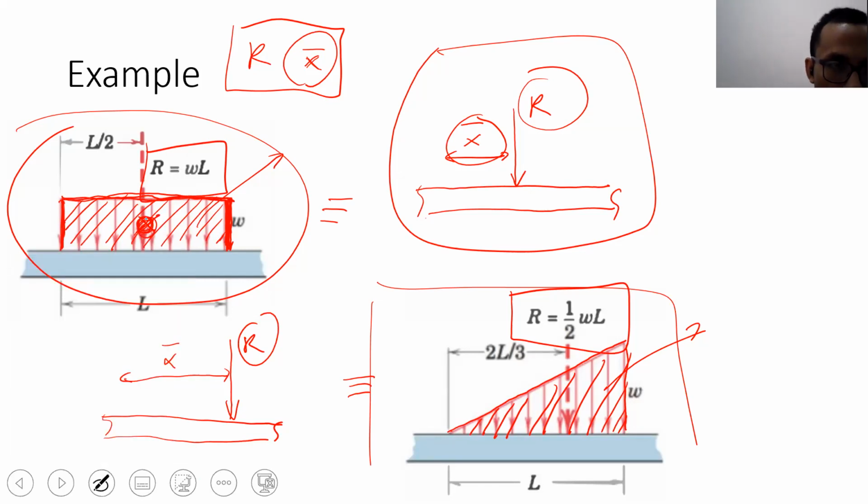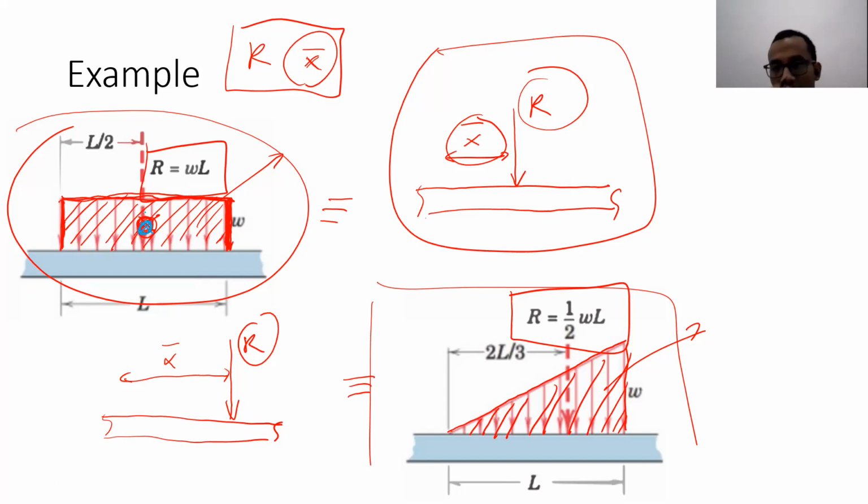The centroid is supposed to be here. If you have a triangle area, then the centroid is supposed to be here. So X bar is supposed to be representing the centroid.